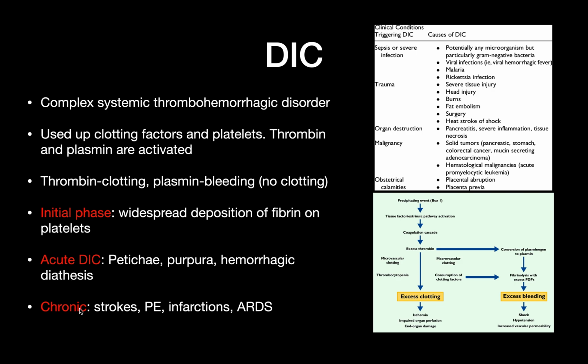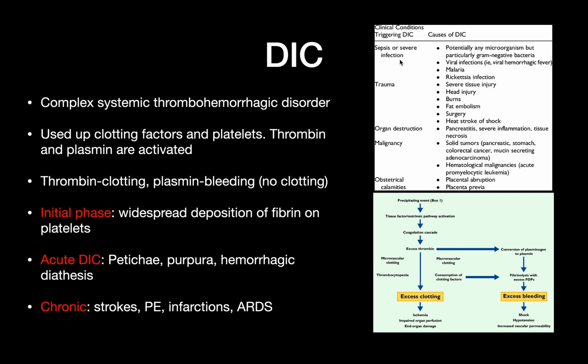But in chronic, there's going to be strokes, PEs, and infarction due to the deposition. But now with the thinning of the blood, it's going to be released from the vessel walls, along with ARDS, which is the most serious.